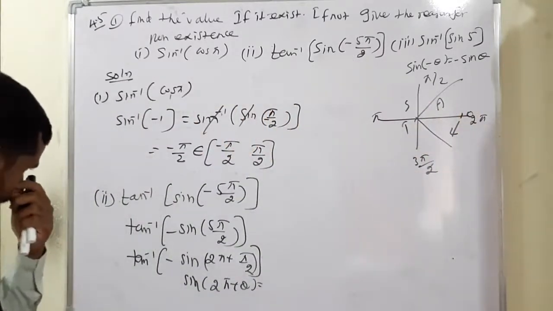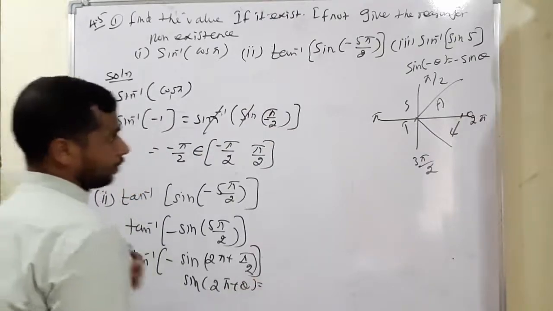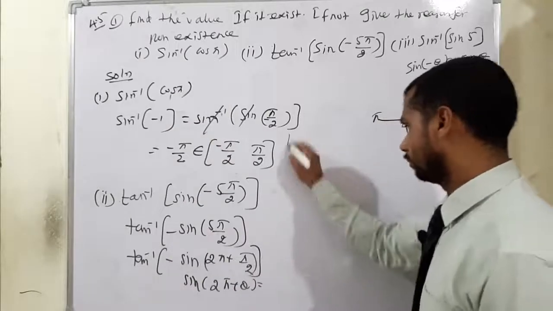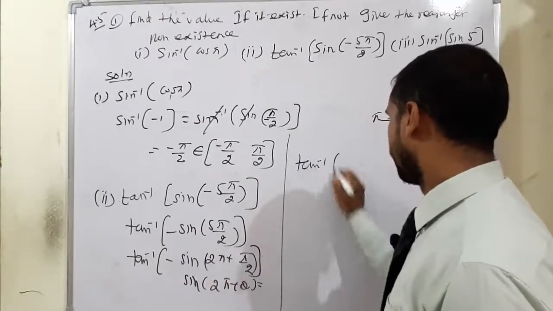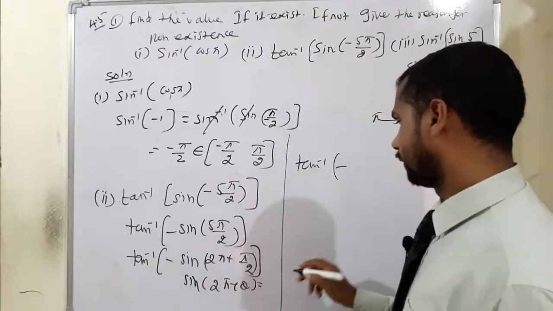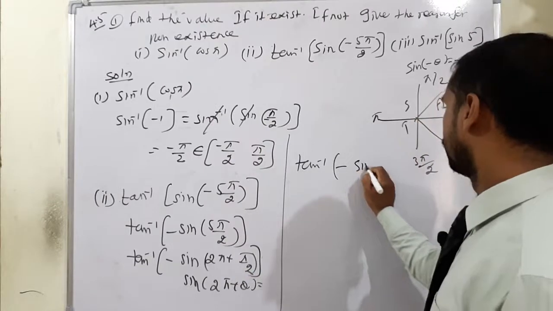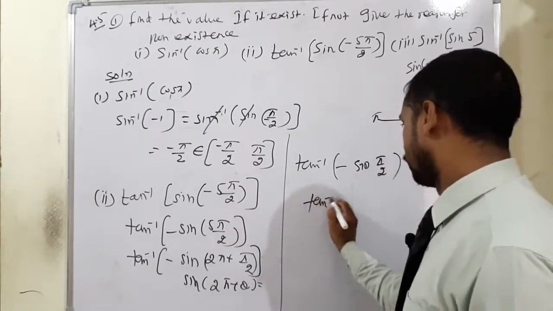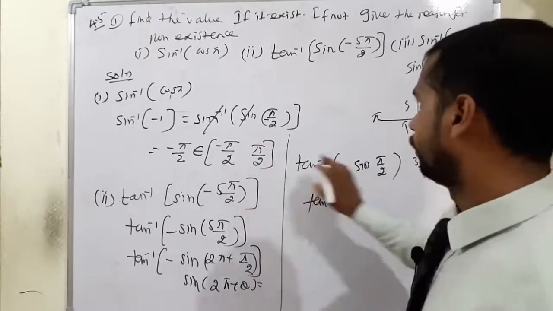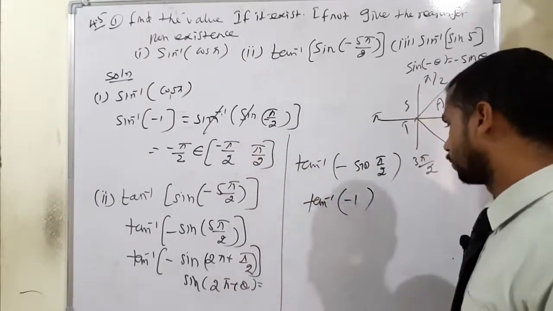So we can write it as sine theta, isn't it? Therefore, tan inverse of minus sine pi by 2. As in the first question, sine pi by 2 means the value will be 1, but minus is there, so we can write minus 1.